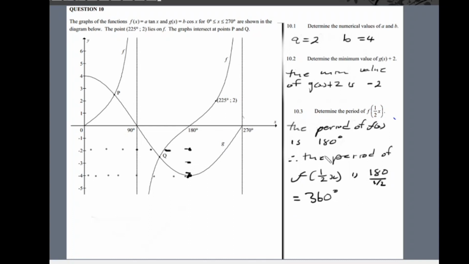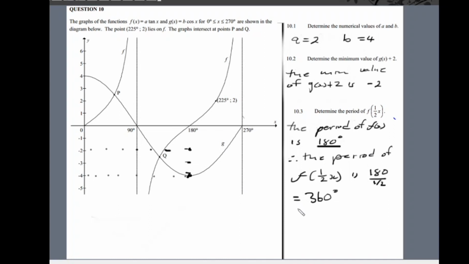So the period of the standard tan graph is 180 degrees. Now the period of this one will be 180 degrees divided by 1 over 2, so it's 360 degrees.